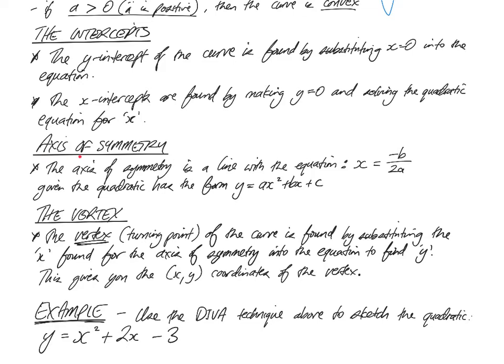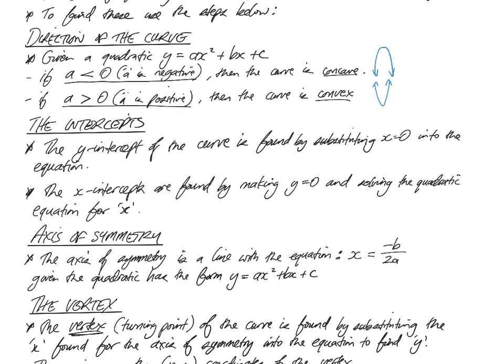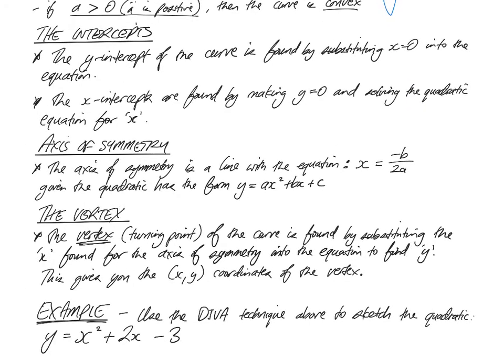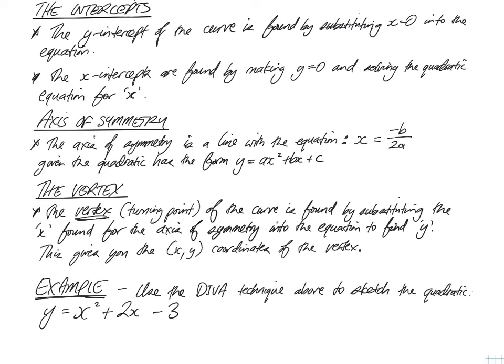After that, you find the axis of symmetry. The axis of symmetry is a line that has the equation x is equal to negative b on 2a. What is the b referring to? It's the b in the quadratic when it's written in this form, the number in front of the x term, and a is the number in front of the x squared term.